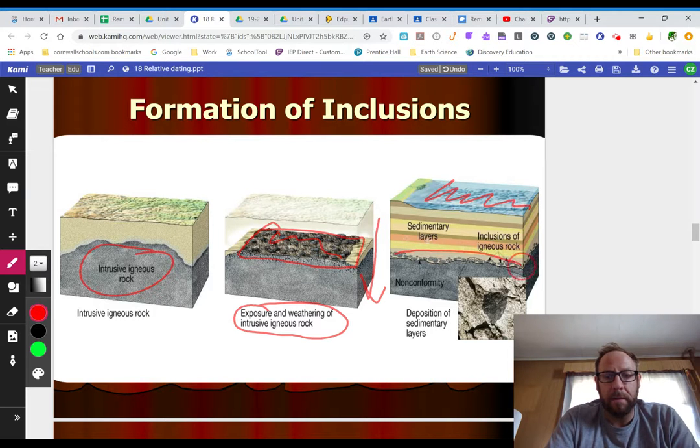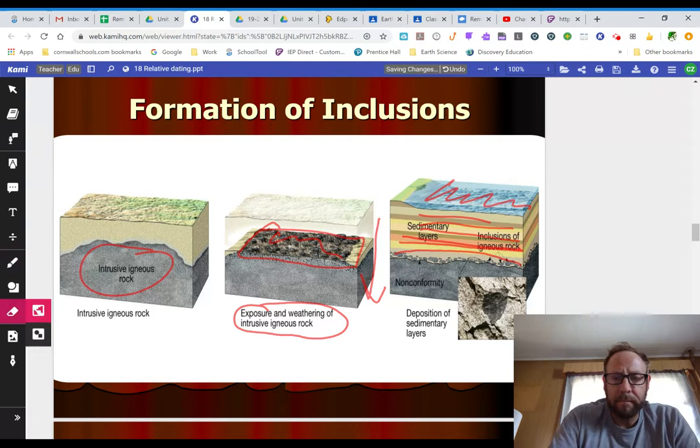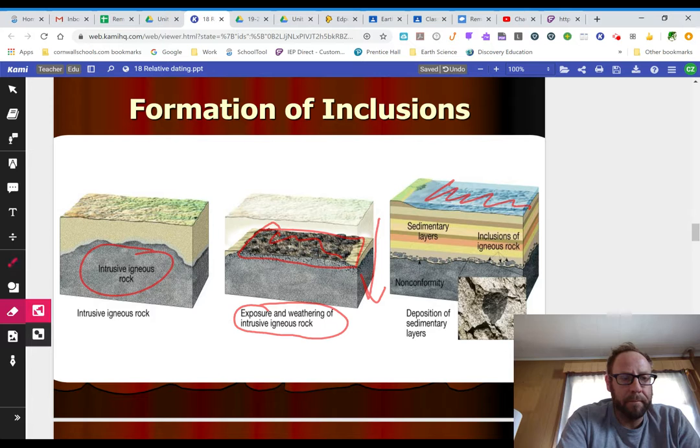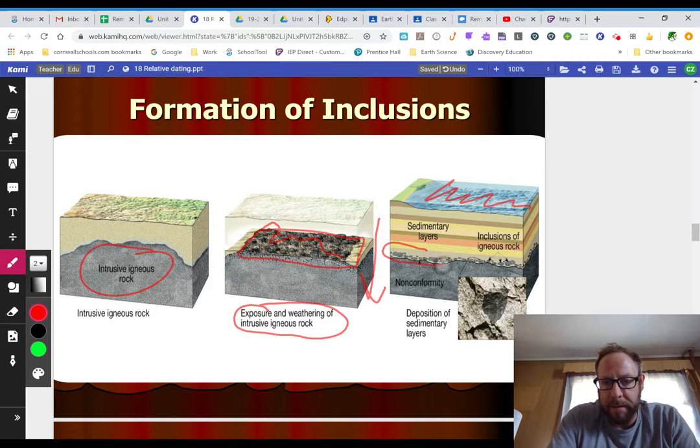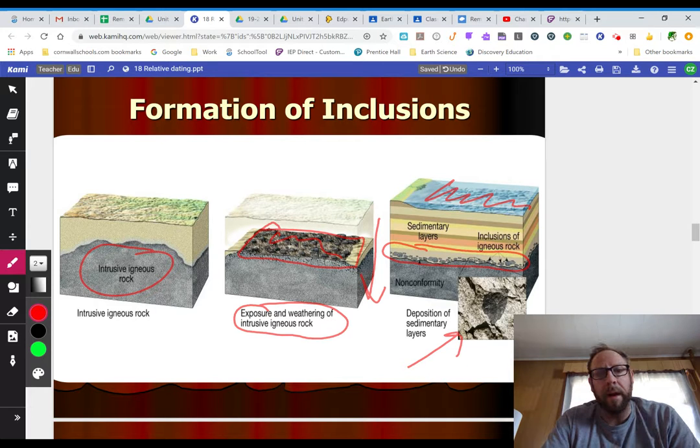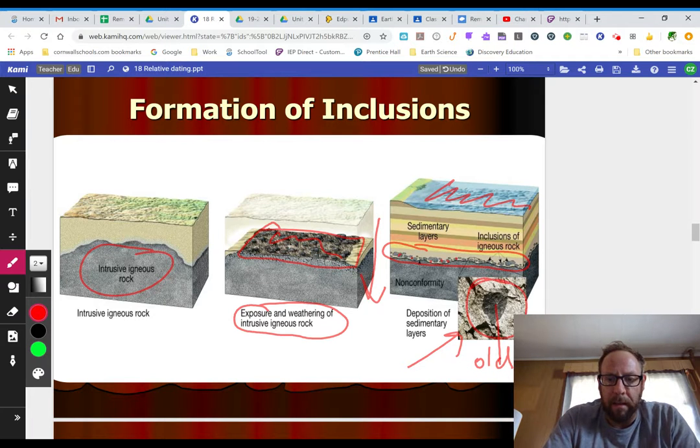Sedimentary rock layers were laid down nice and horizontal again in that ocean. But if we look right at the top here, this first sedimentary rock layer has rocks in it. Conglomerate or breccia, either one. So what it means is that these rocks in it are older than the actual rock itself.